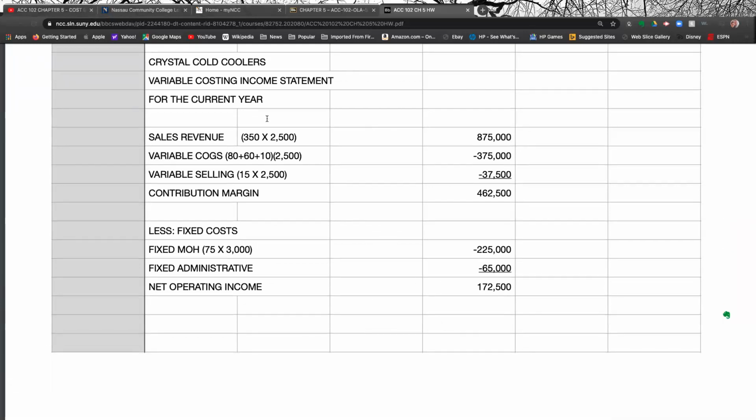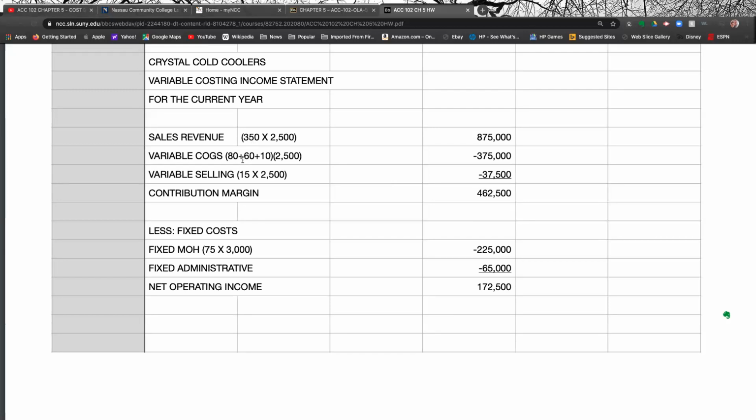Now, variable costing. How's it going to be different? Well, sales revenue is the same, $350 a unit times 2,500 units sold is $875,000. Variable cost of goods sold. Now remember, we have to separate the cost between variable and fixed.